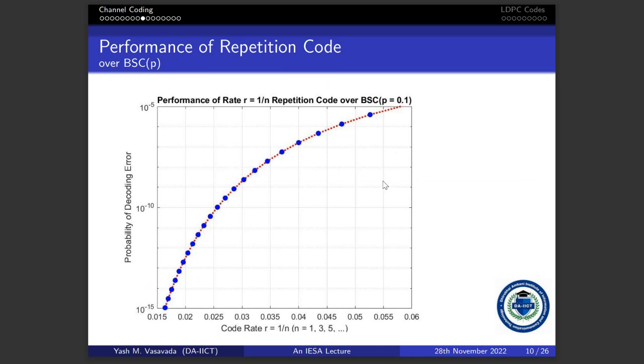This is the same chart plotted in that region. And you will see that to get an ultra reliable communication link, 10 to the power minus 15 type of error rate, my code rate has to be 0.016 or something, right? So the rate becomes very low.